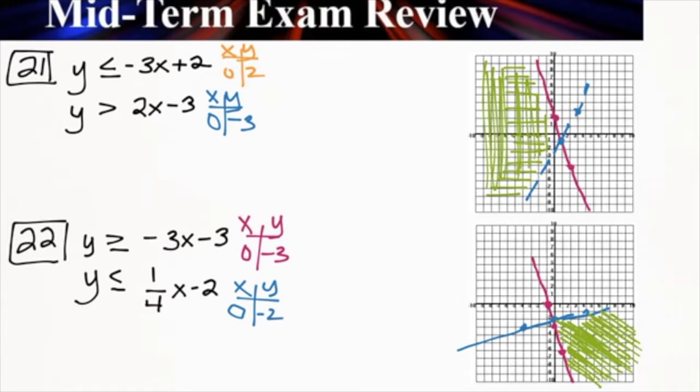So I don't have to do a lot of shading or erasing. Okay? Make sure that your lines are solid lines. Notice that this was an equal to and this was an equal to. So make sure that both of them are solid lines, because I'm sure that they will have different options on the test for you to pick, and those are the ones that are going to be tricky. Okay? All right, let's try the next problem.